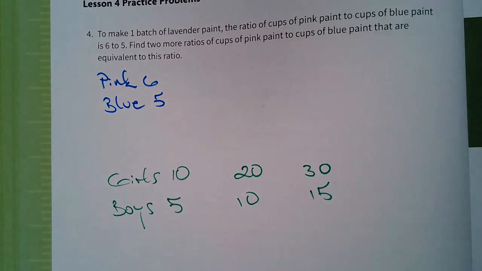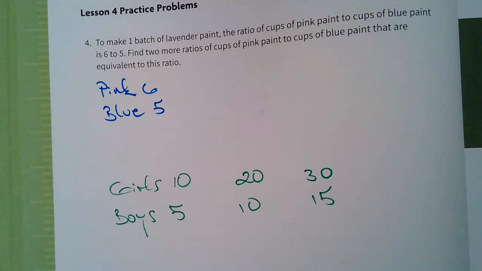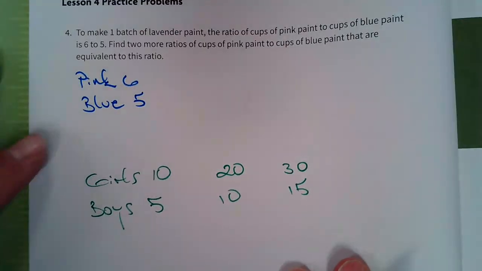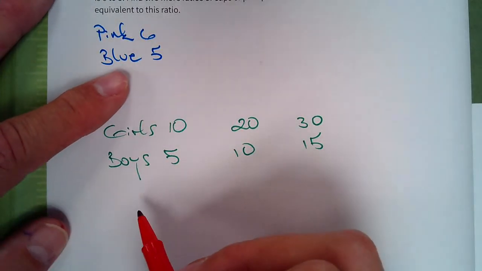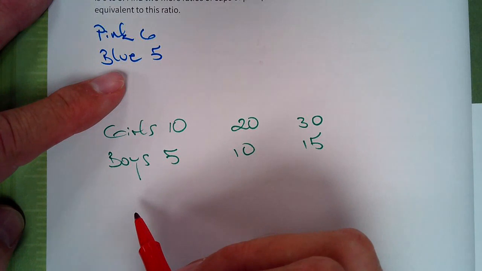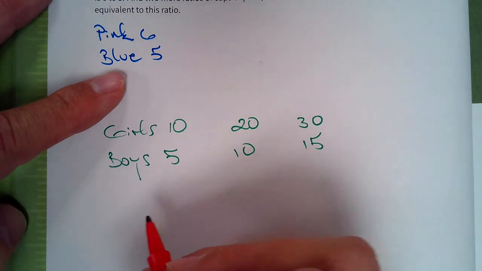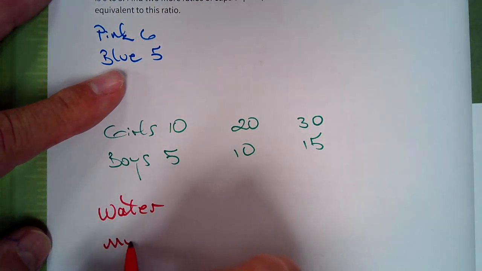Let me pull another stick here. Mr. Atwood, tell me something you enjoy doing. Playing outside. What do you play outside? I usually go down to the creek. And what's in the creek? Water. What else is in the creek? Mud. All right, so water to mud.